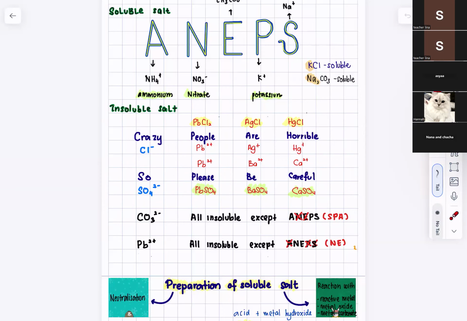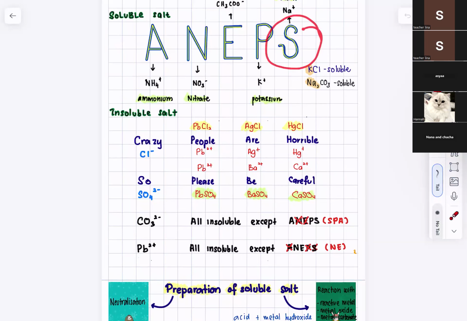Insoluble. Is it soluble? Insoluble. Sodium carbonate is soluble, Chacha. Sodium carbonate. So there is SPA: S sodium, P potassium, A ammonium. So sodium, potassium, ammonium, that one is soluble. Okay, is it clear, Chacha?